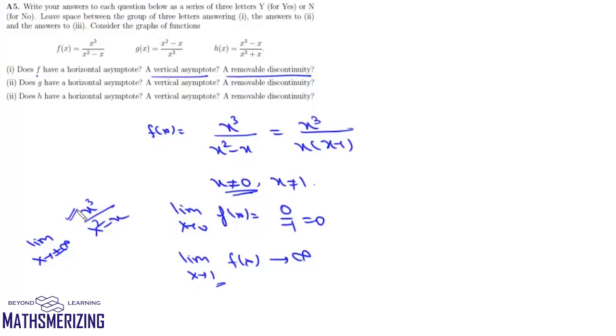Now the degree of the numerator is greater than the degree of the denominator. So that means this value approaches plus or minus infinite. So this function doesn't have a horizontal asymptote. So the answer to this question will be: first one is no, second one is yes, and third one is yes. So it will be n, y, y.